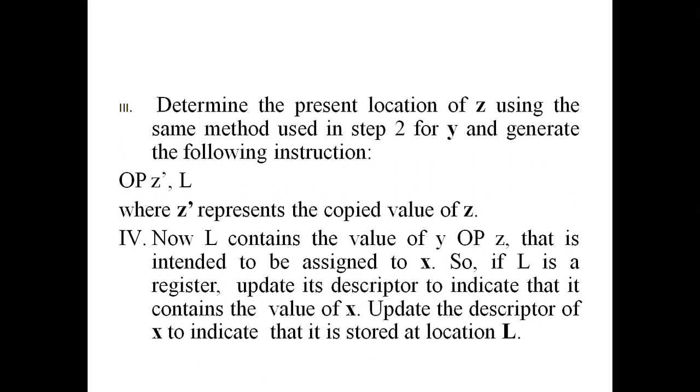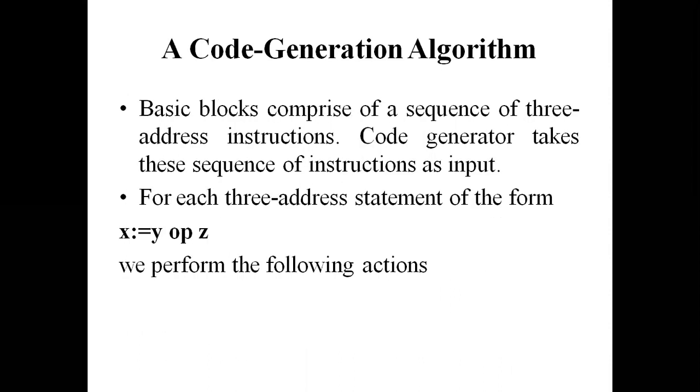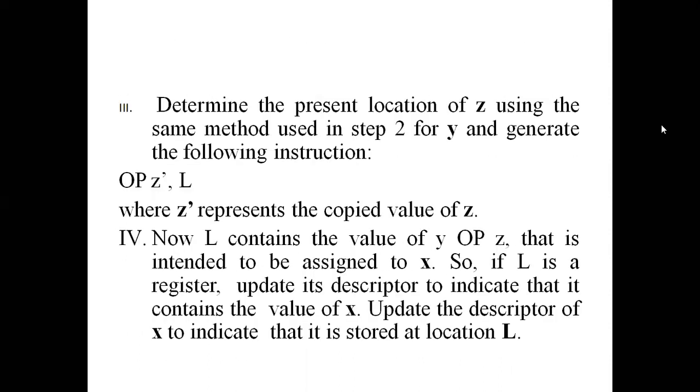Whatever computation we performed with y op z, that computed value is to be assigned to x, right? Because x = y op z is the given statement. So whatever computation we get here is intended to be assigned to x.